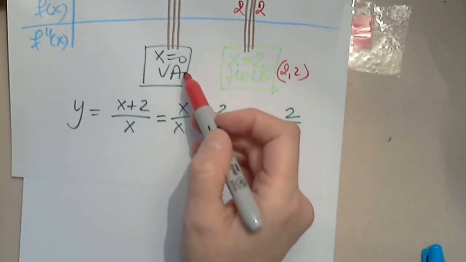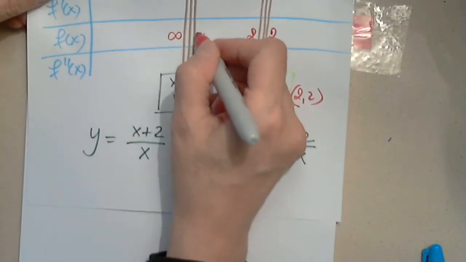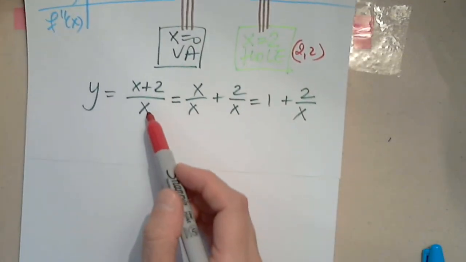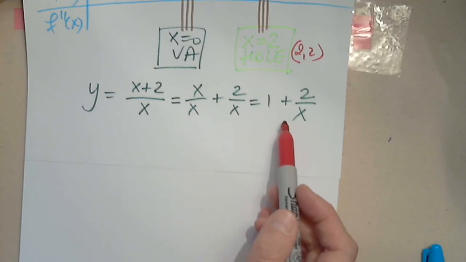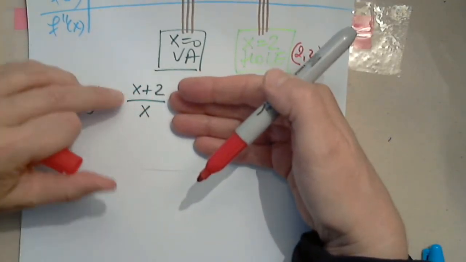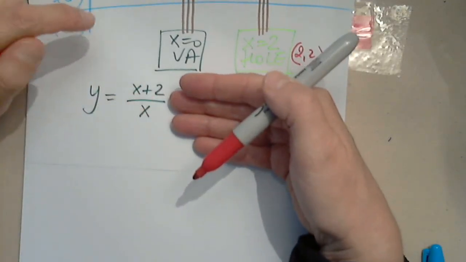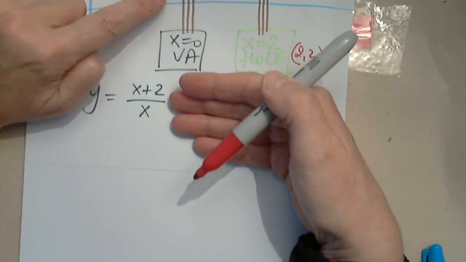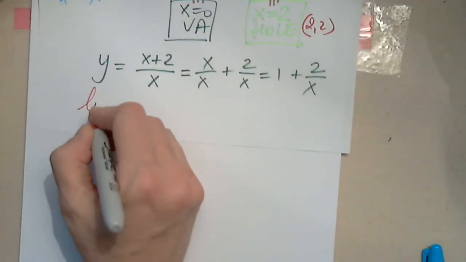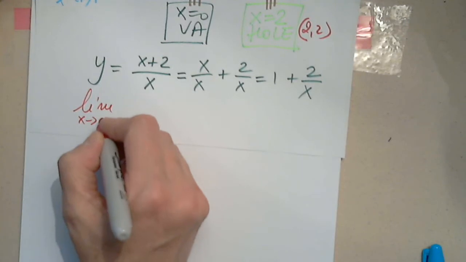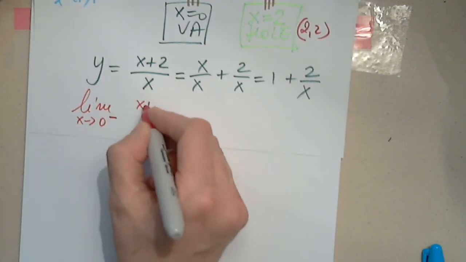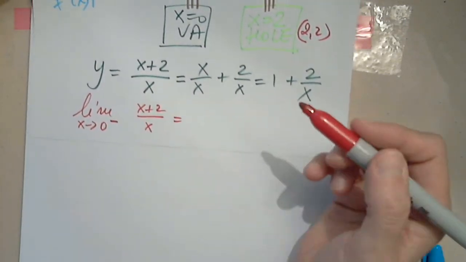When I talk about the vertical asymptote, I know there must be infinities left and right, and I will be using this, not that, because this is a product and it's easier to study the sign. Right? So I will find the limit as x approaches 0 from the left of (x plus 2) over x.